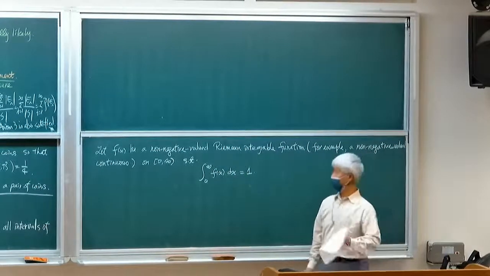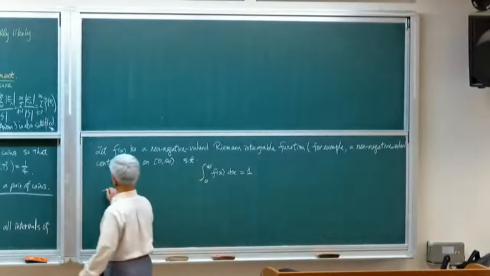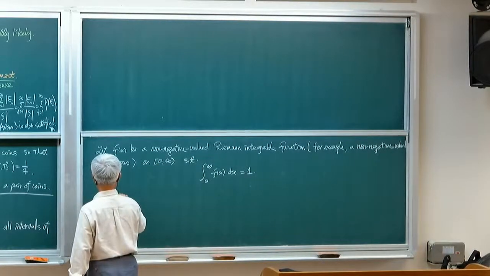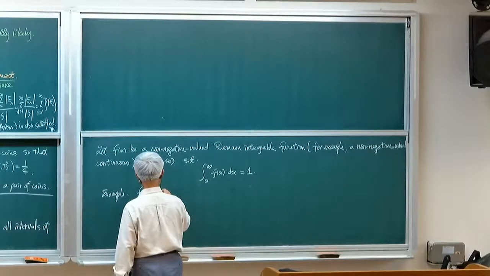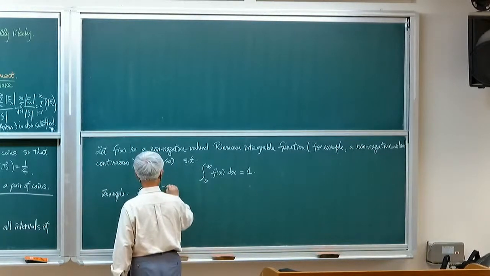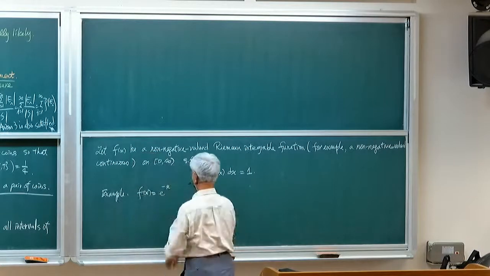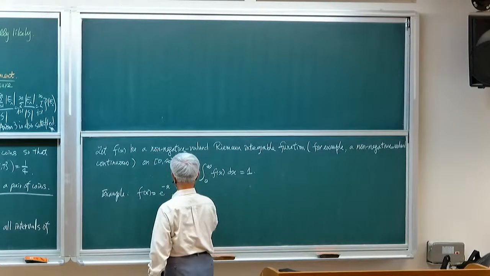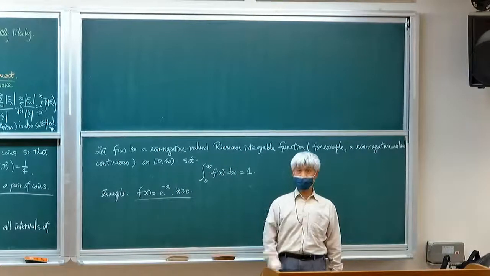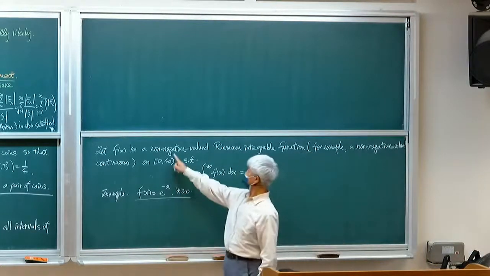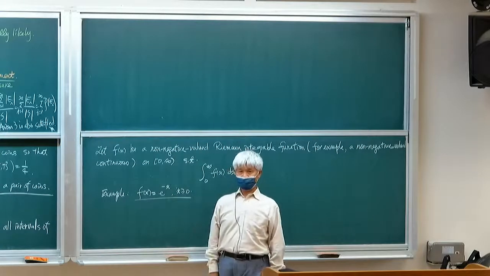For example, f of x is equal to e to the minus x for all x greater than or equal to 0. This exponential function is non-negative valued.